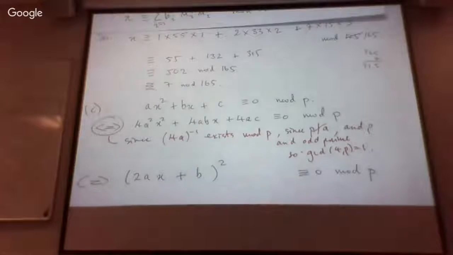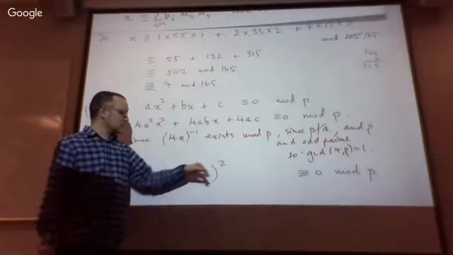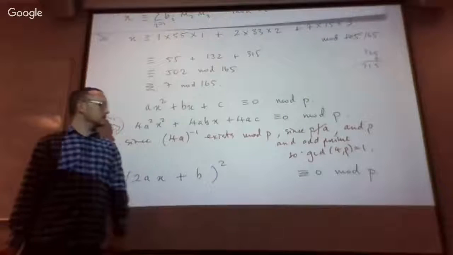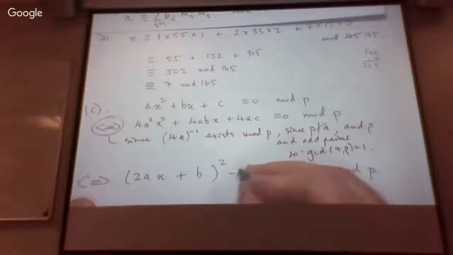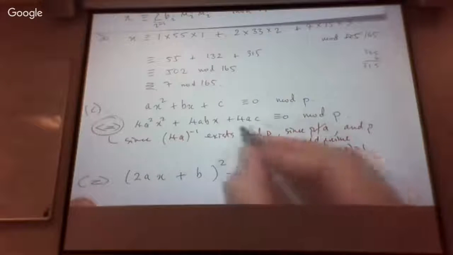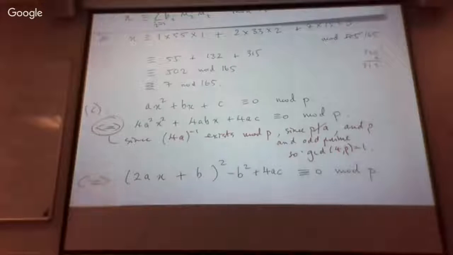And then you need to correct for the constant. You've got 4ac, but squaring this bracket is going to give you b squared. So you want to get rid of the b squared straight away, so you do minus b squared, and then we need the 4ac, so plus 4ac. That's how the discriminant arises, that b squared minus 4ac combination. It'll be minus 4ac once we put it over the other side.